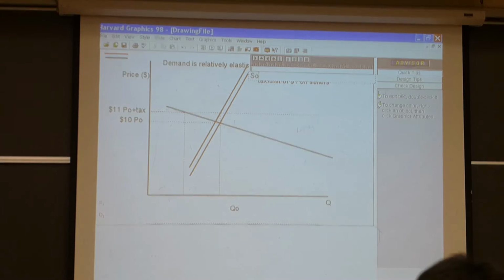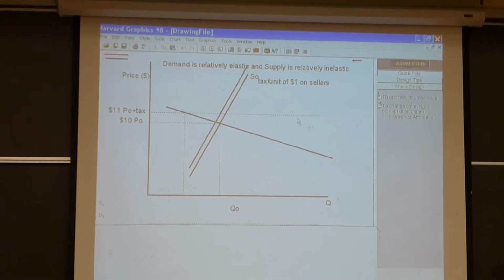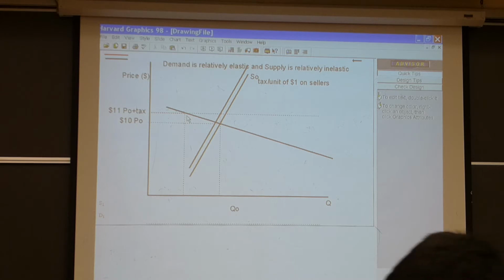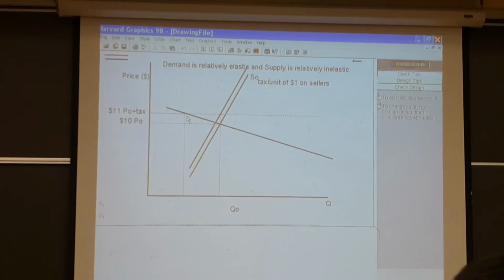Okay? Now, if you shift it up, you'll get a mark. But if you shift it to the wrong place, you won't get a mark. And in particular, if you shift it up to here, you won't get a mark for the equilibrium because, as I say, this is an unbelievable fallacy. I keep reiterating. The fallacy is that producers can simply charge the public more and pass the tax on to them. They cannot. And the reason they cannot is because of competition.